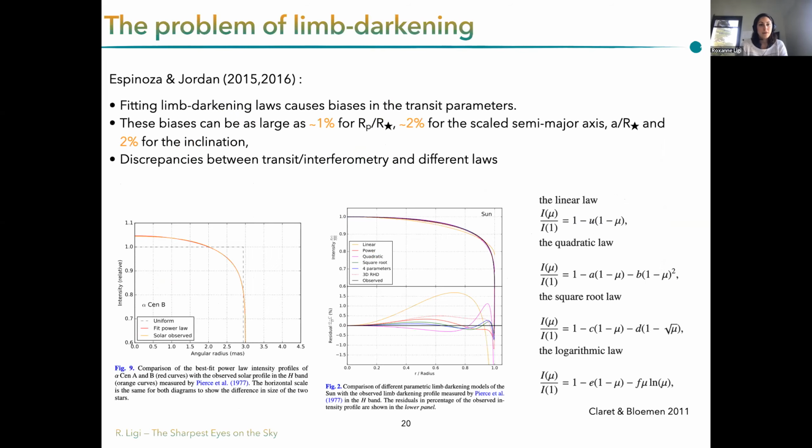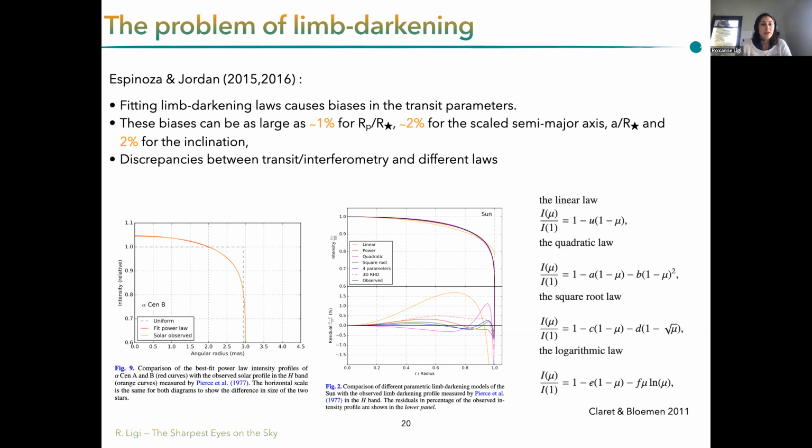So to continue with problems, I would say for exoplanet characterization, there is a problem of limb darkening. It's a problem both for transiting exoplanets and for measuring the angular diameter of stars, because in both cases we fit the light curve or the visibility curve.